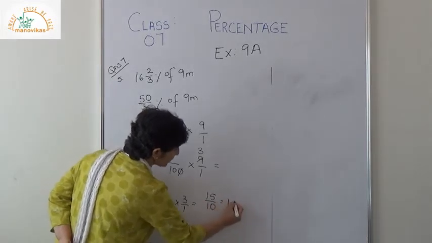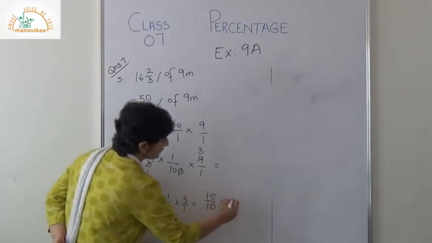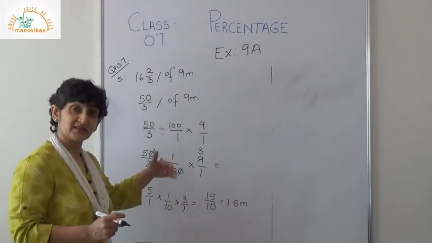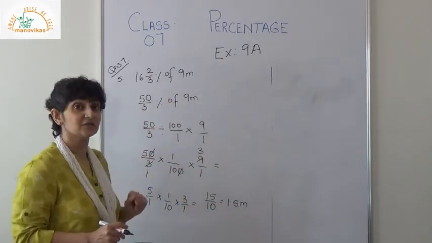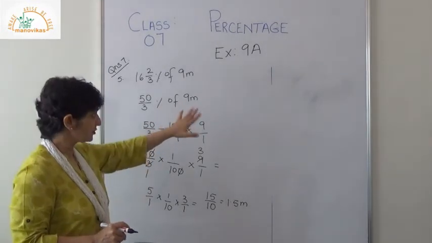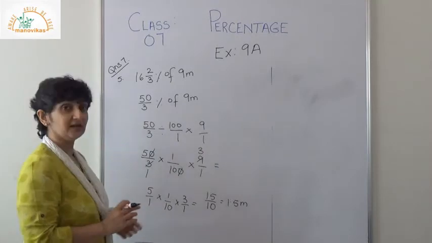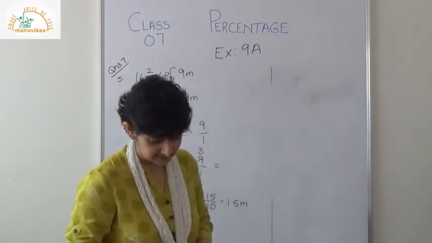Cancelling the 0, I get 1.5 meter. Have you all understood? Is this clear? That's why I didn't want to convert this into centimeter. You can also convert it or you can do it directly. Is this clear? Let's move on to the sixth sum.